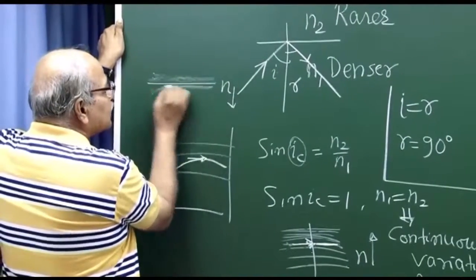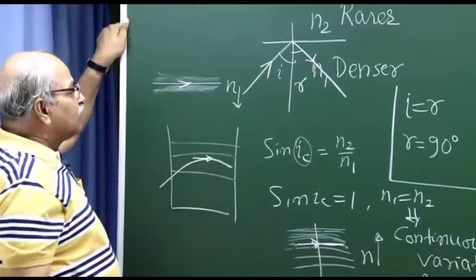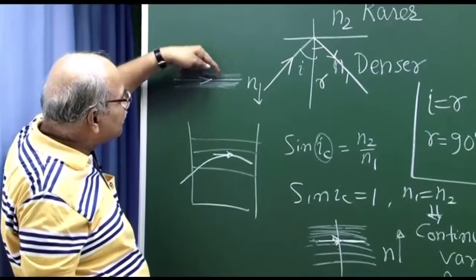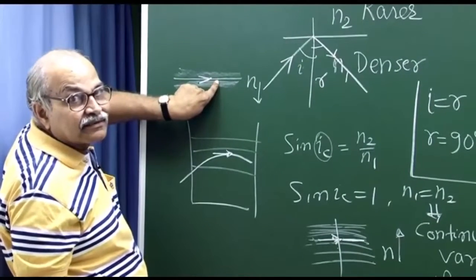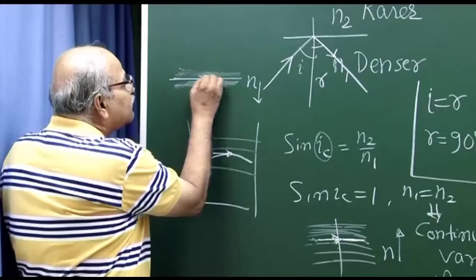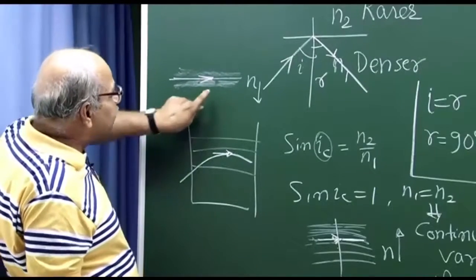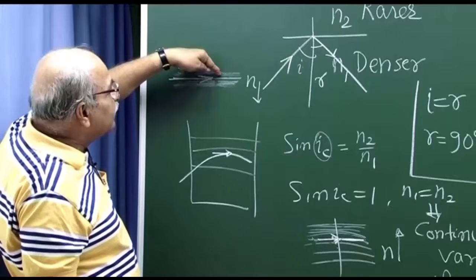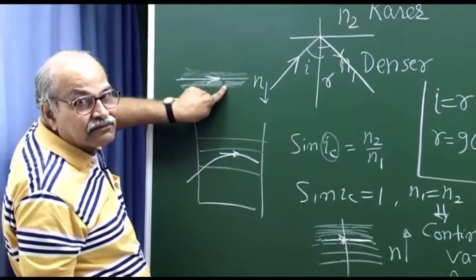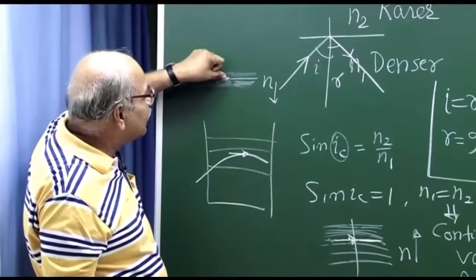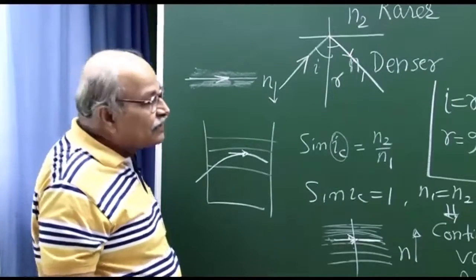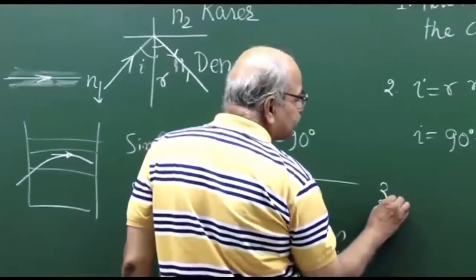Now if something is going this way, how do you say that it is falling from this side on this side and not from this side on this side? Symmetry. How can this ray be treated as falling from the denser side on the rarer side and not from rarer side to the denser side? We can very well say that it's falling from this side to this side, in which case there cannot be any TIR. So that is another question I can raise.